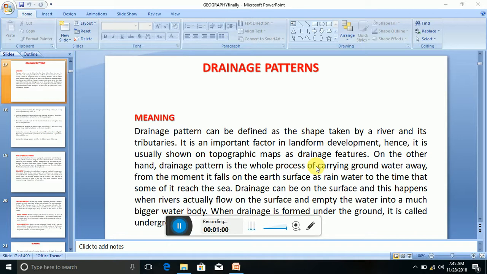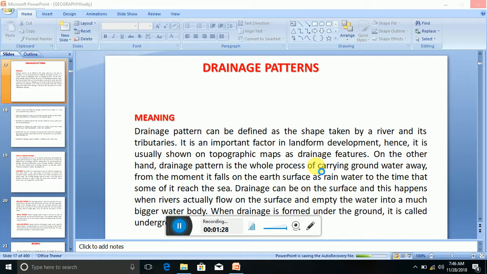Drainage can be on the surface, and this happens when the rivers actually flow on the surface and empty the water into a much bigger water body. When drainage is formed under the ground, it is called underground water.